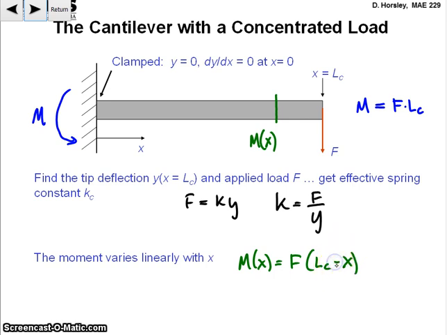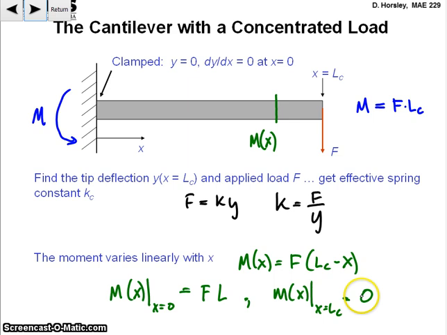To show that that's right, we find that the moment at x equals 0 is going to be F times L, and the moment at x equals L_C is 0.